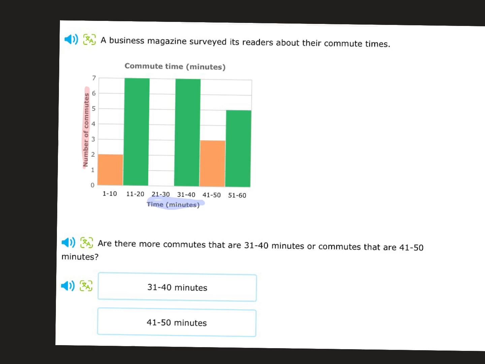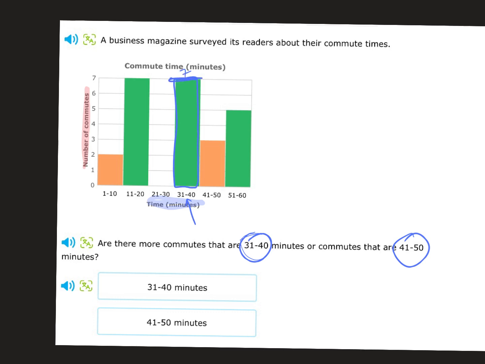Are there more commutes that are 31 to 40 minutes, or commutes that are 41 to 50 minutes? So we find our 31 to 40, and we see there are 7, because we read that top line.